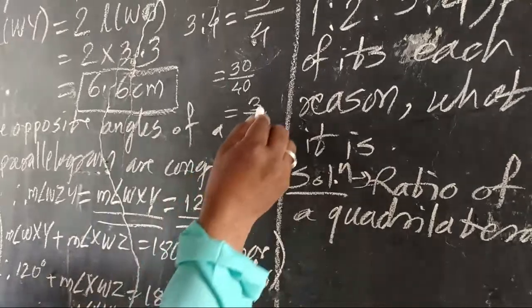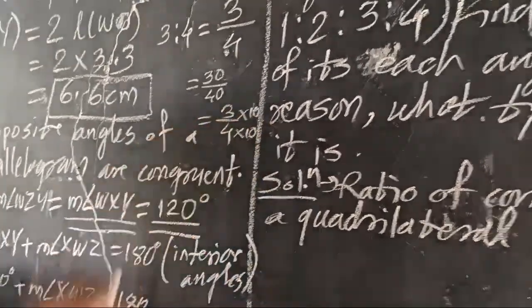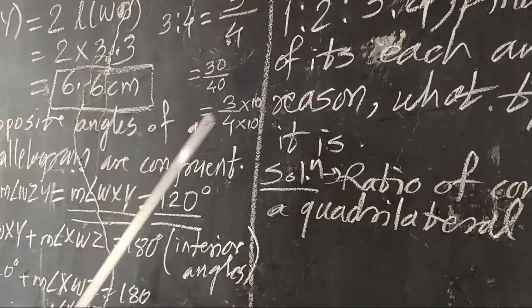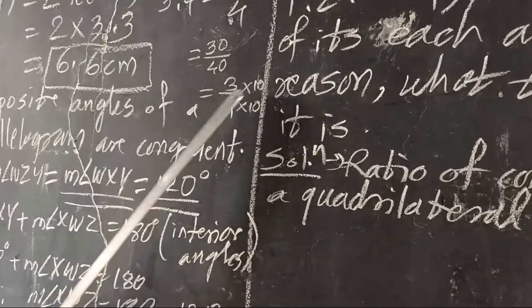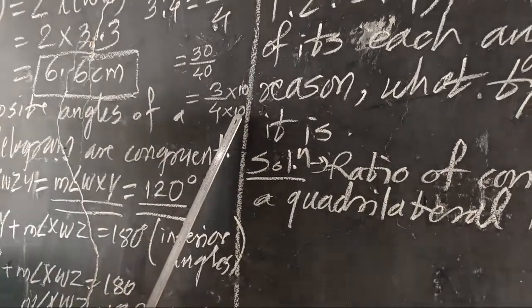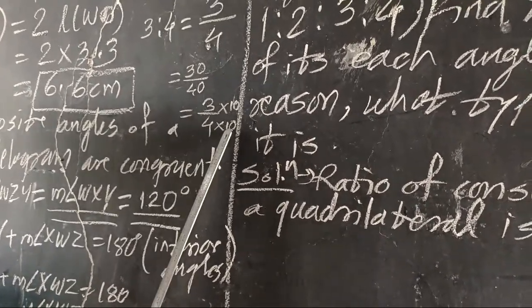Means here that number is an equal multiple. Dividing by 10 here means multiplying by 10, the same multiple for numerator and denominator.